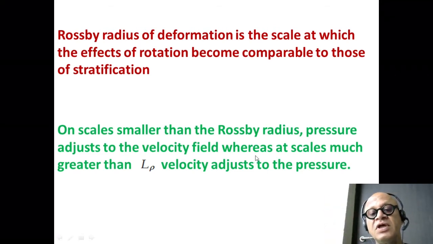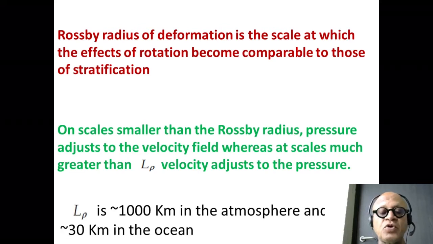So if the scales are much greater than L rho, the Rossby radius of deformation, so the perturbation coming in is much larger, then the velocity field adjusts to the pressure field. Okay, we'll show some examples to see how that works.